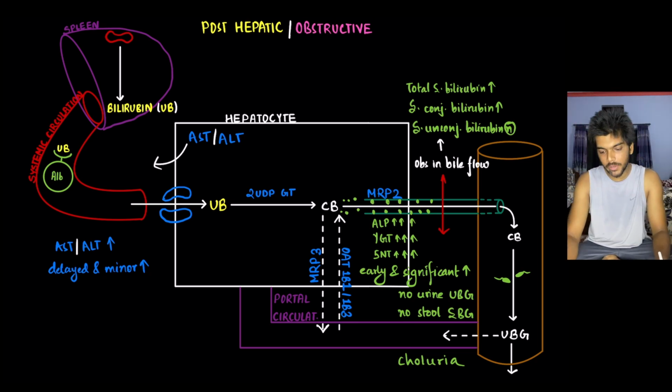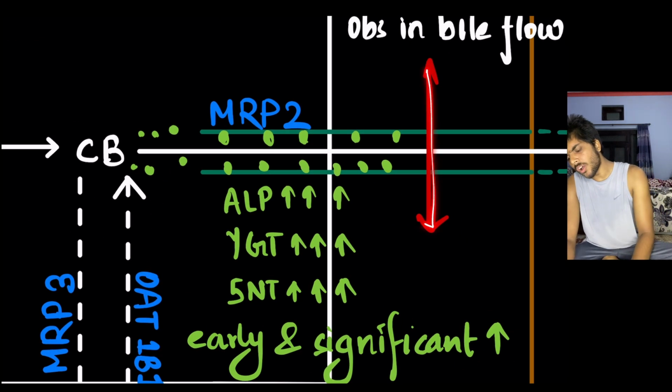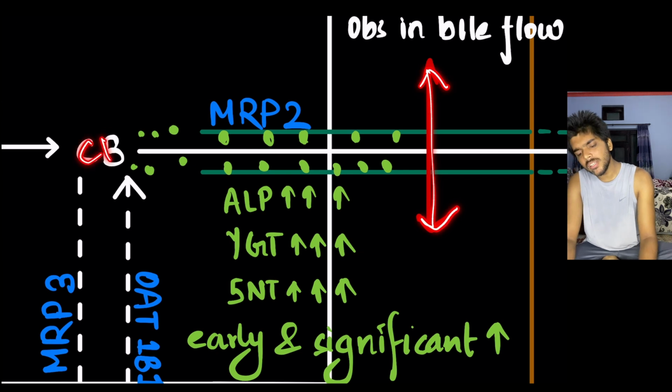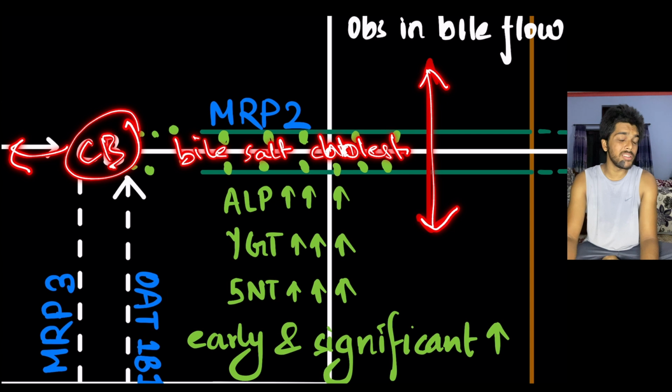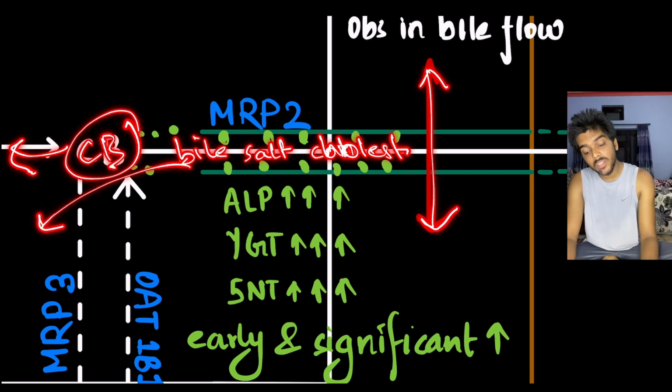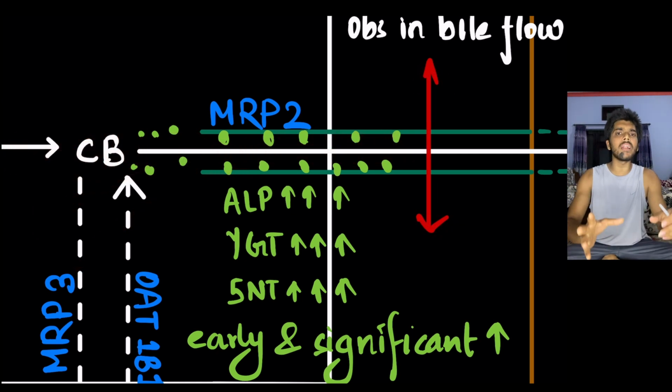in post-hepatic or obstructive jaundice. When there is obstruction, it's not just the conjugated bilirubin that is being obstructed, right? It is the bile salt that is being obstructed. It is the cholesterol that is being obstructed. So conjugated bilirubin is pushed back to circulation, resulting in conjugated hyperbilirubinemia. But at the same time, bile salt and cholesterol are also pushed back to circulation.